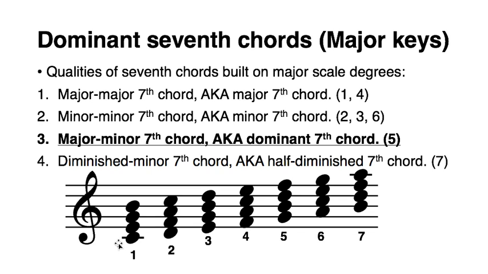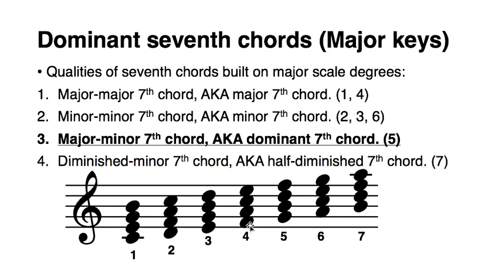If I choose a major scale, and for the sake of clarity and ease, I've chosen C major because it contains no accidentals in the key signature, and you build seventh chords on each of the scale degrees, these are the qualities of the seventh chords you'll find. A major seventh chord will be built on 1 and 4, as you can see here.